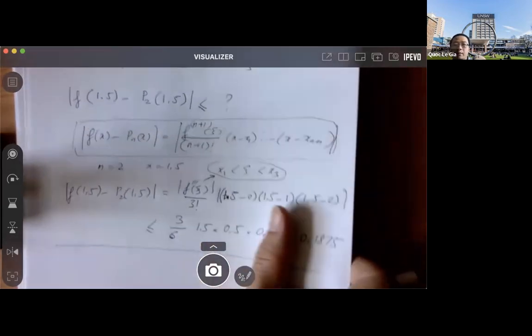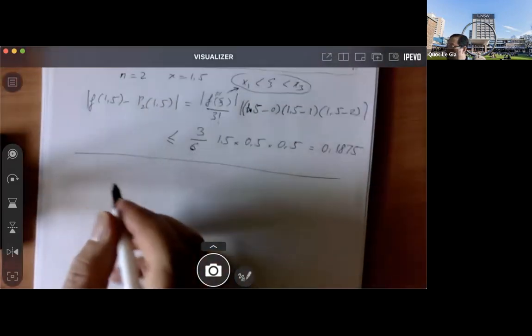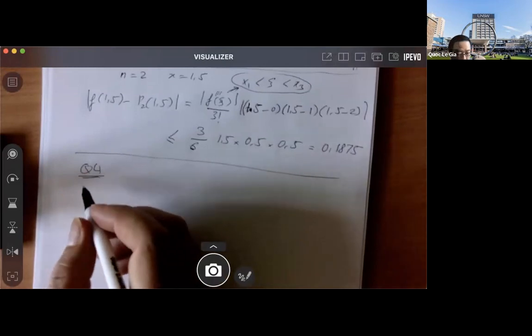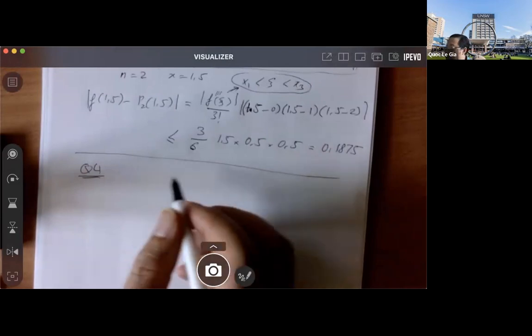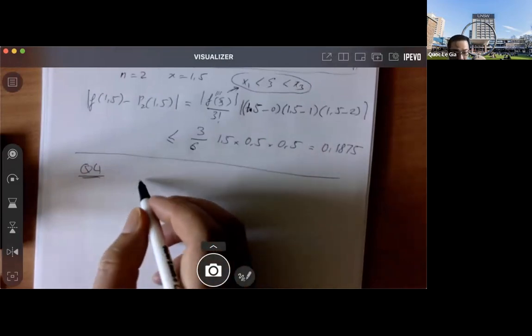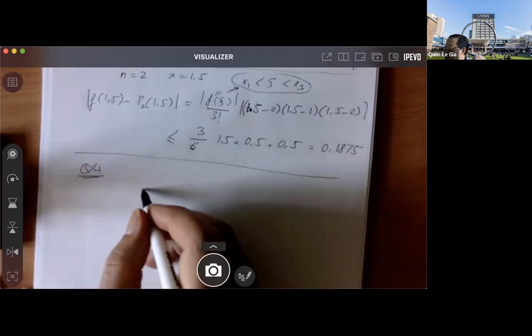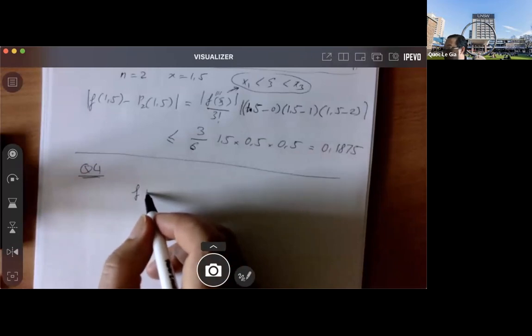And now we move to the next question. So the next question will be question number 4. So question number 4 says, suppose you have a function f, a continuous function f, right?